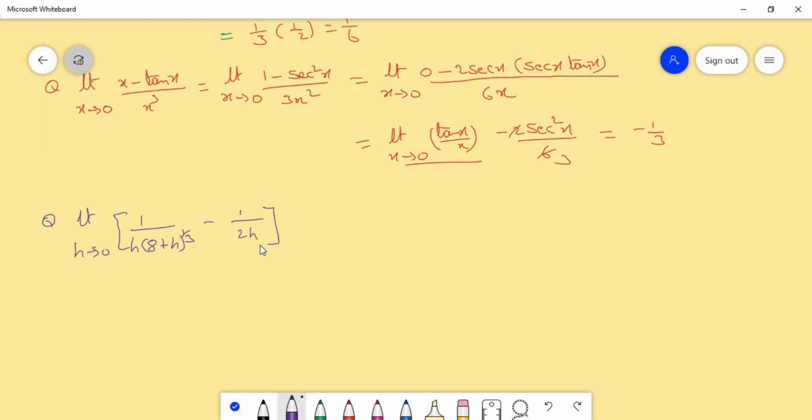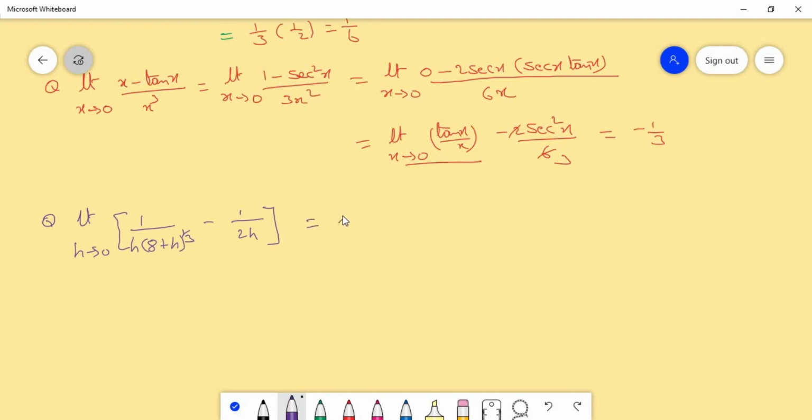Right? This is a different problem from above. Here you check once. In the place of h put 0, we get infinity minus infinity. When we get infinity minus infinity, remember everyone, do LCM.